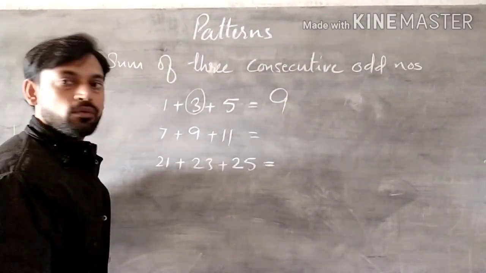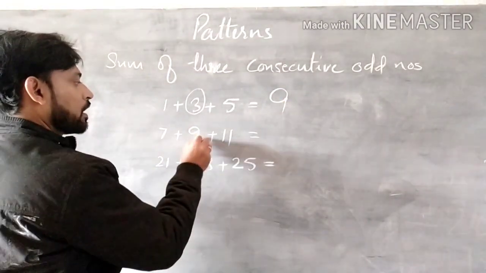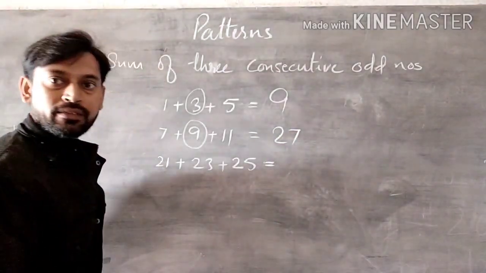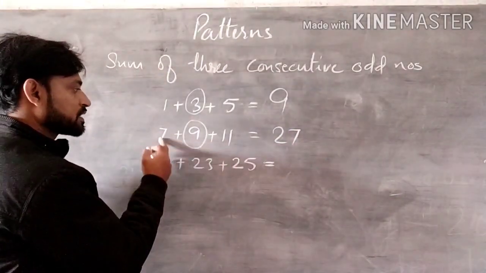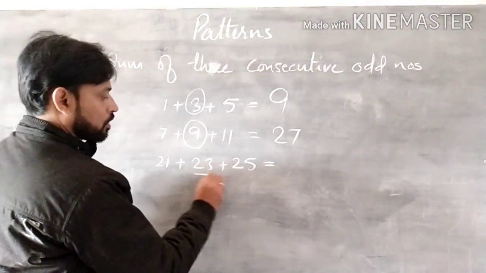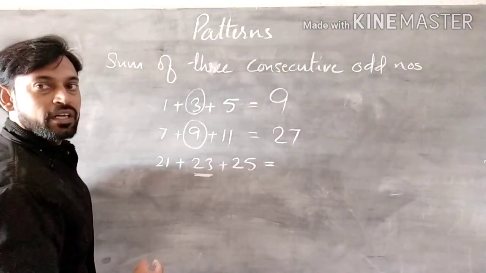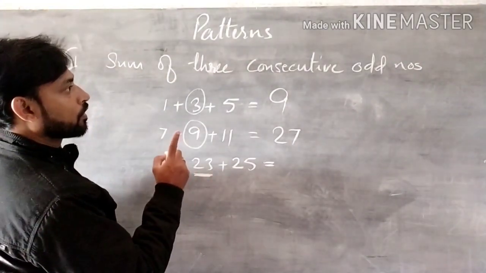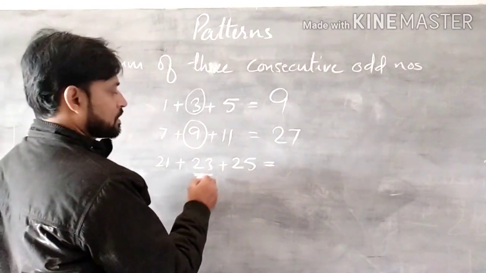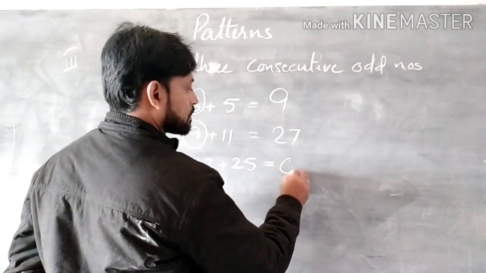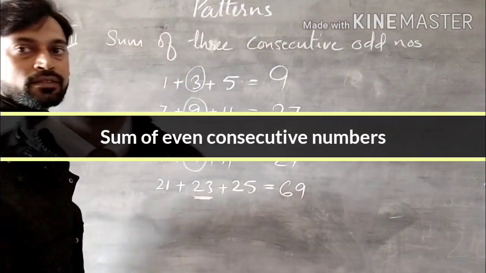So this will give you the sum 9. Now 9 3s are 27. Is that clear? So the sum of 7, 9, 11 is 27. Now for these 3 consecutive odd numbers, the sum is just multiply 23 by 3, that is 69.